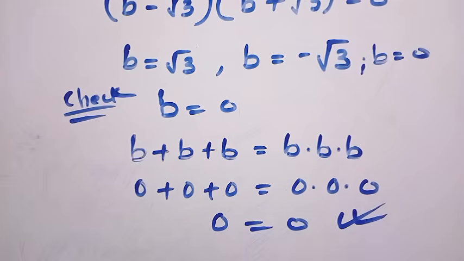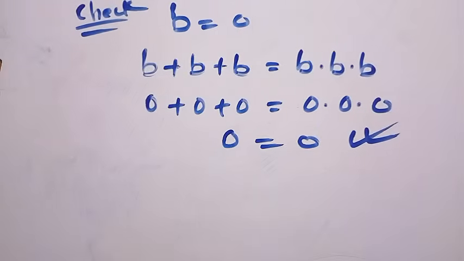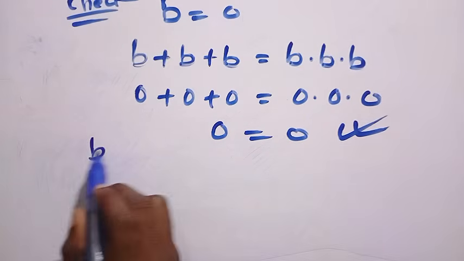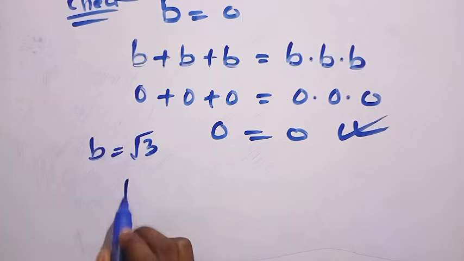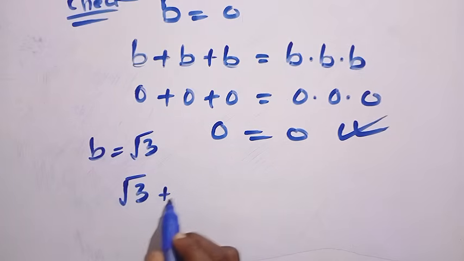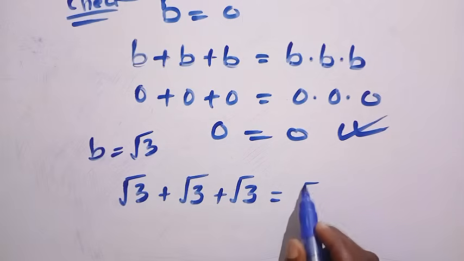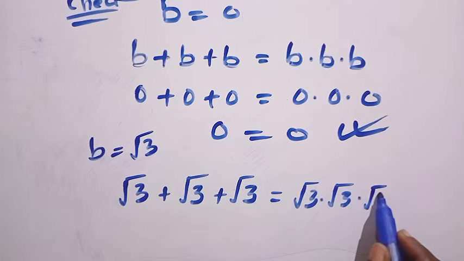So this is correct. And also, we check for when b equals square root of 3 in the given b plus b plus b equals b times b times b, to see if they are equal. By substituting, we have square root of 3 plus square root of 3 plus square root of 3 equals square root of 3 multiplied by square root of 3 multiplied by square root of 3.